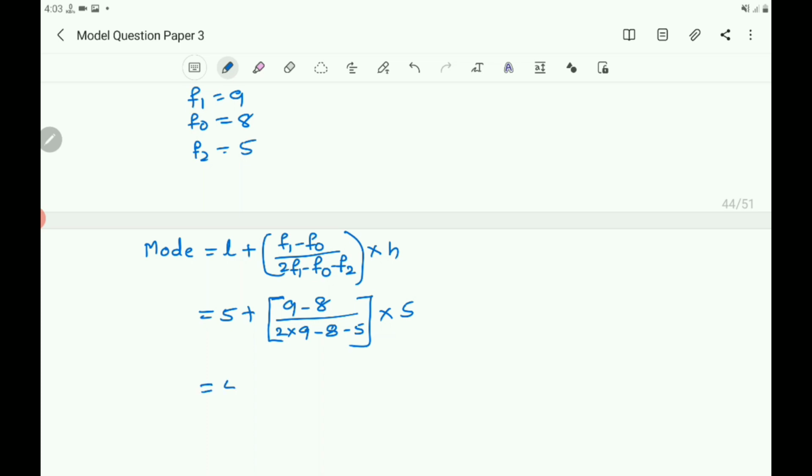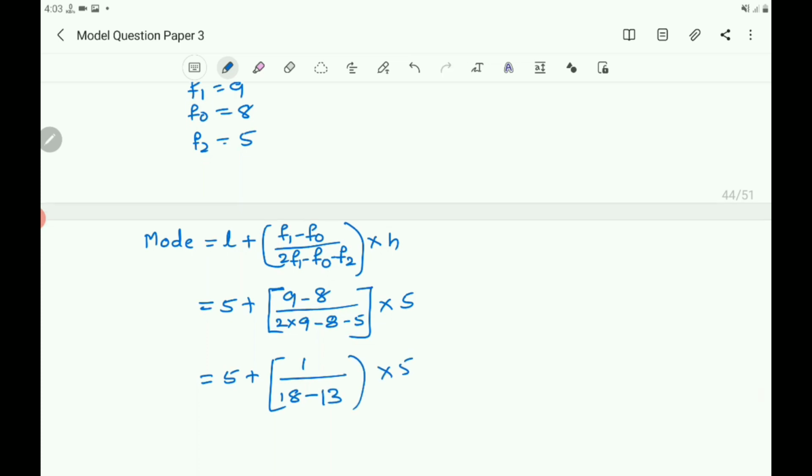H is also 5. Then you write mode equals 5 plus 9 minus 8 is 1, by 2 nines are 18 minus the sum of 8 and 5, which is 13, into 5.